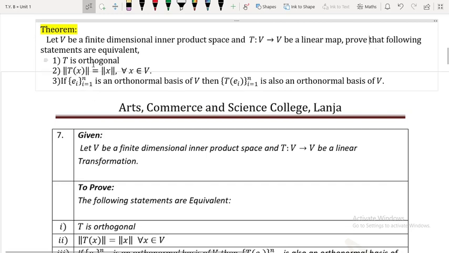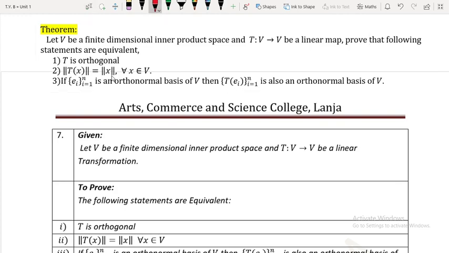So prove that the following statements are equivalent. The first statement is T is orthogonal, meaning T is an orthogonal linear transformation. The second one is norm of T of x is equal to norm of x for all x belonging to V. And the third one is: if {E_i}, i varying from 1 to n, is an orthonormal basis of V, then {T(E_1), T(E_2), ..., T(E_n)} is also an orthonormal basis of V. Don't get confused with the notation.